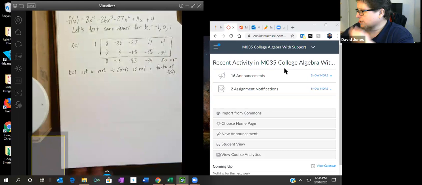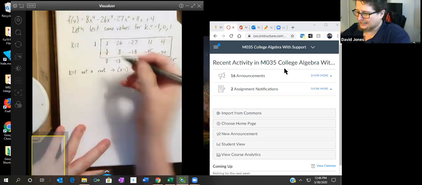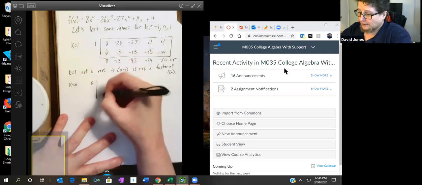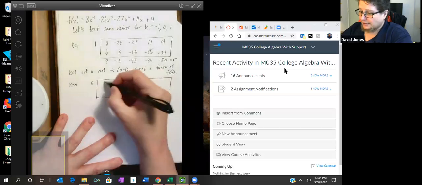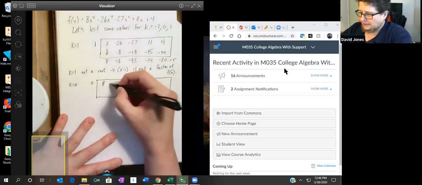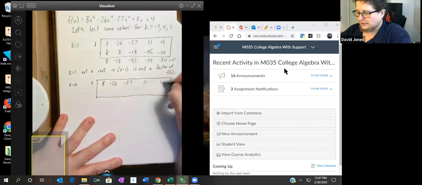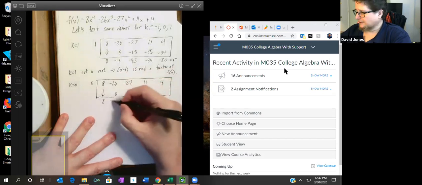So let's give it another try. k equals 0 is a really easy one to try. That's even easier than 1, because it doesn't matter what we bring down. 0 times 8 is 0.